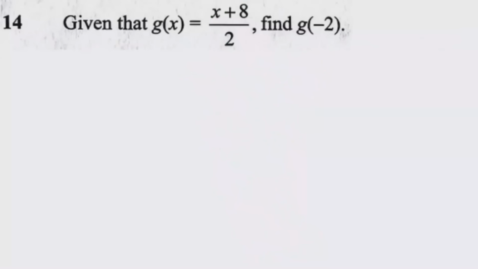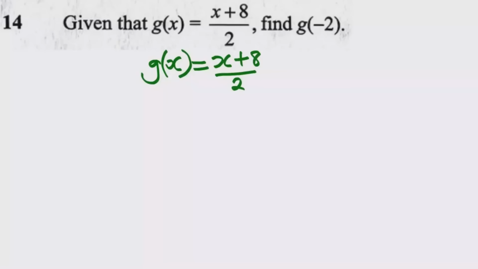We come to question 14, which is given that g of x is equal to x plus 8 over 2, find g of negative 2. Okay, so what we need to do here is rewrite the function, which is g open bracket x close bracket is equal to x plus 8 over 2.